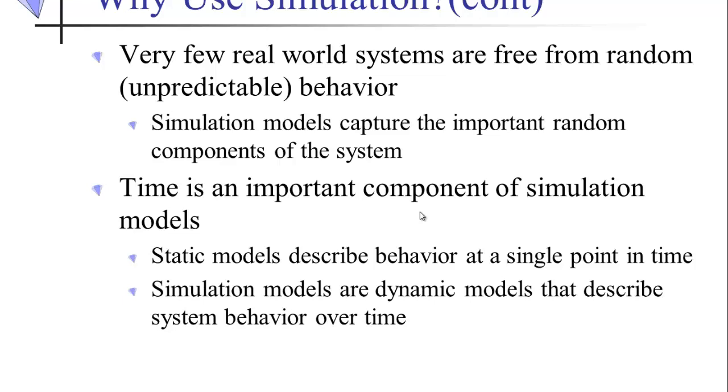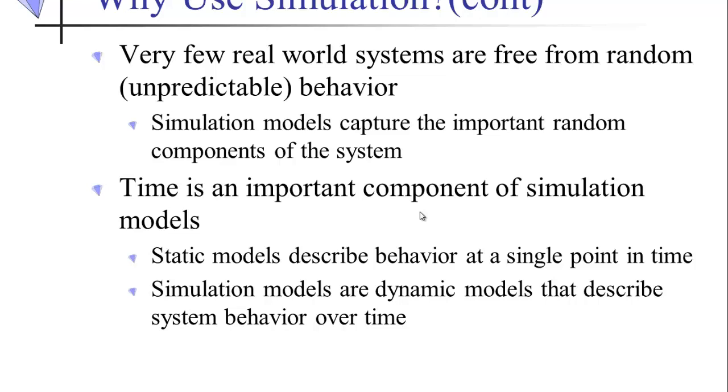Simulation models are dynamic in the sense that they describe system behavior over time. I can change the time dimensions. For example, I could run 30 years worth of data in just a few hours and get a smoothing effect of change or the current state over time. And that takes out some of the randomness and statistical variability in systems.